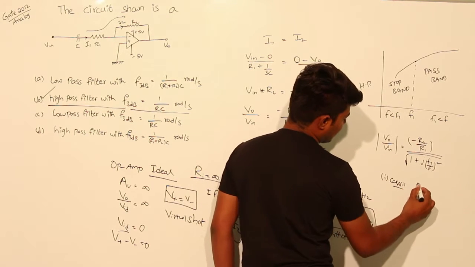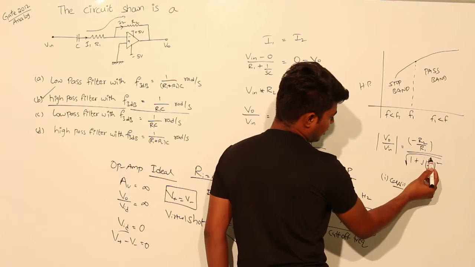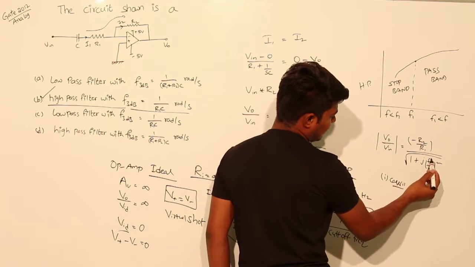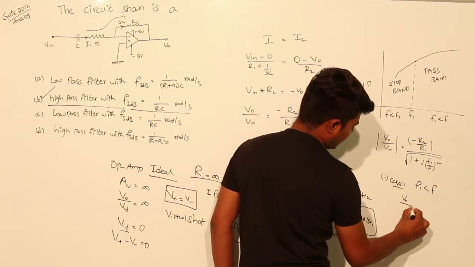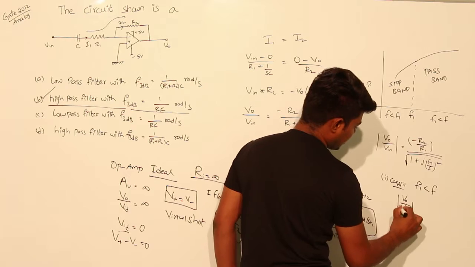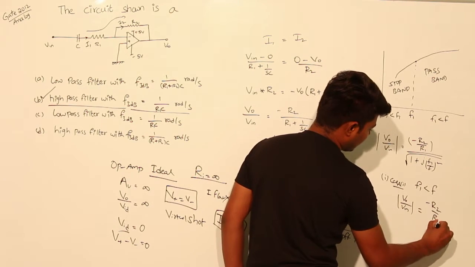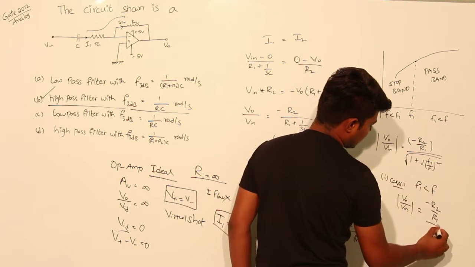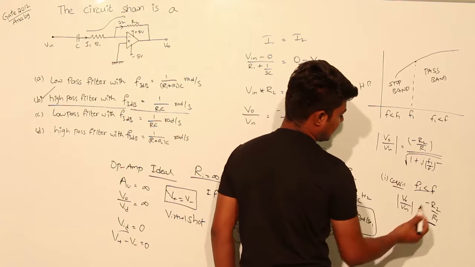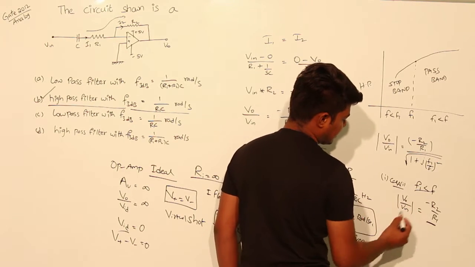In case 1, assume that F1 is less than F. Then F1 by F will be small, so this term will become 0, and V0 by Vin is equal to minus R2 by R1 divided by 1 itself. This is for F1 less than F, so it is allowing all frequencies when F1 is less than F.